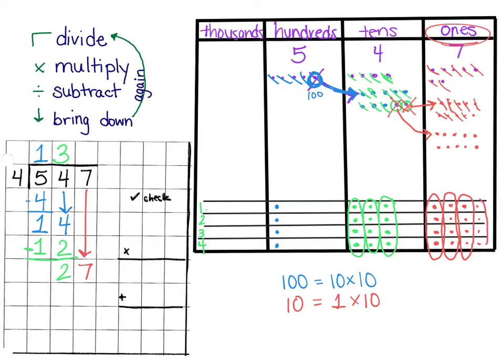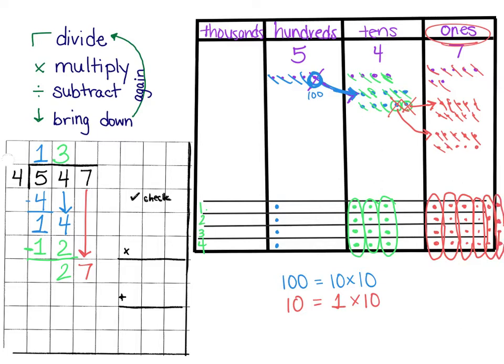Another group. 1, 2, 3, 4. There's another group. Hopefully you're drawing smaller than I am. 1, 2, 3, 4.